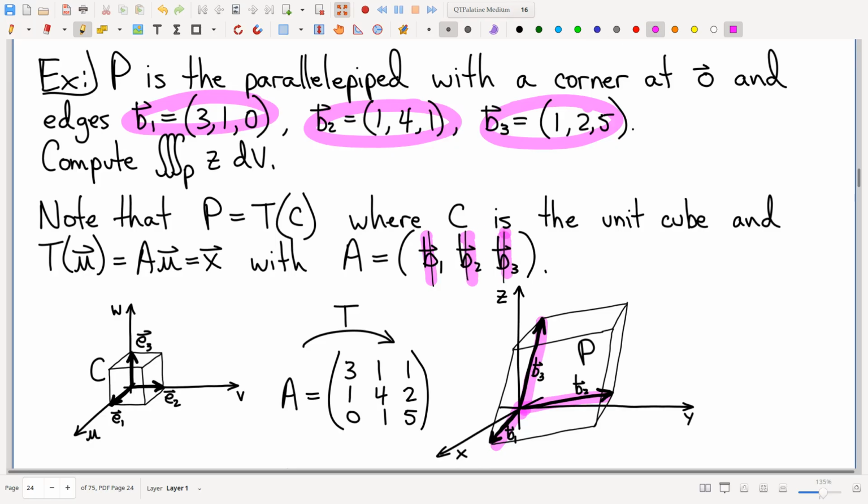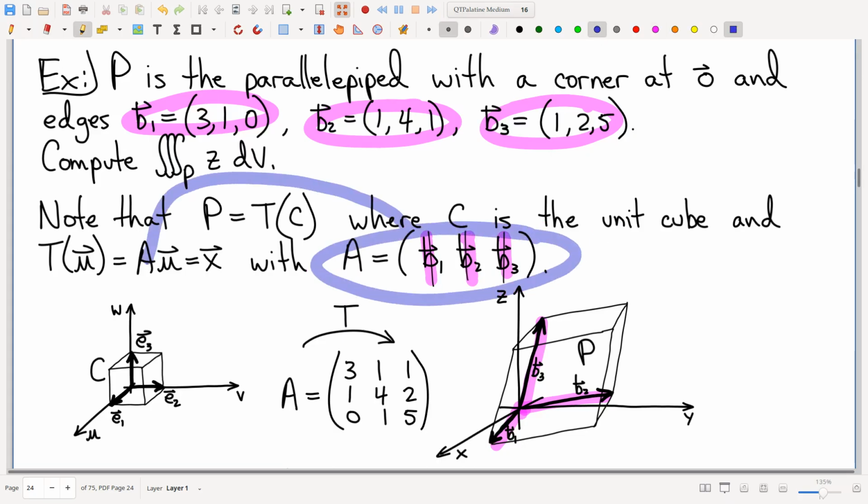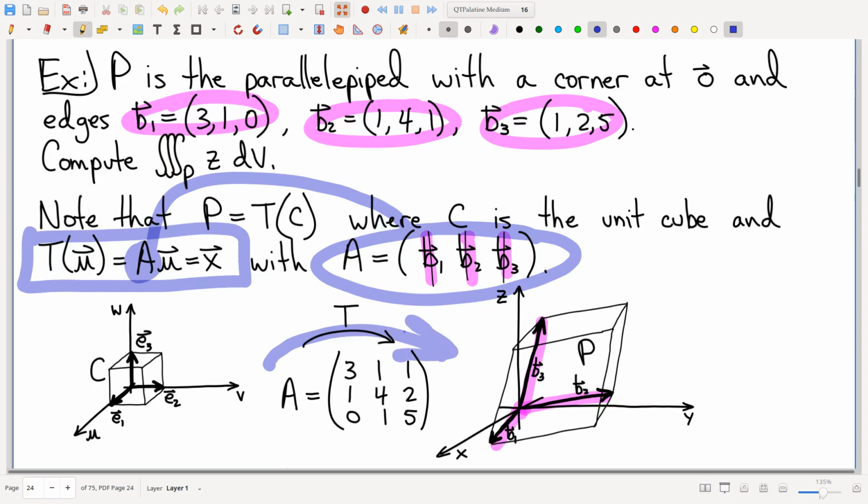Let that matrix define your linear transformation, and let that linear transformation be your change of variables function. That's the move. That's the magic trick. That's what makes it all work right there. So make sure to memorize this. Whatever the edge vectors, those are the columns, that's your linear transformation. Okay? And I claim it's all downhill from here.